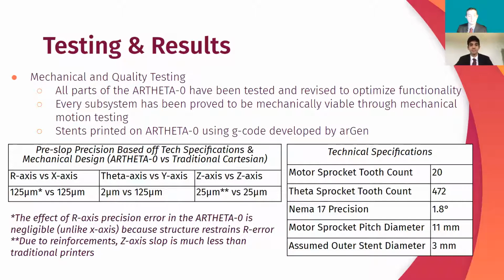And then finally, the z-axis, while it has comparable precision yet again to that of a more traditional FDM printer, it is due to the impacts of the nature of how these geometries are working, as well as the large quantity of axial rigidity we have introduced into the z-axis. We figure that the impacts of the actual z-axis slop will be much less than in a more traditional FDM printer.